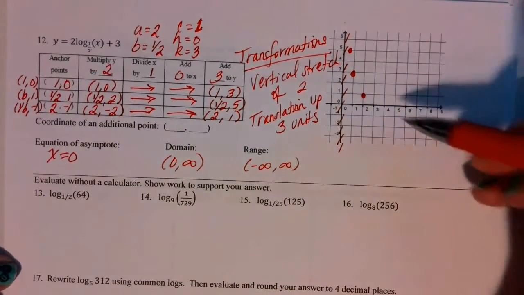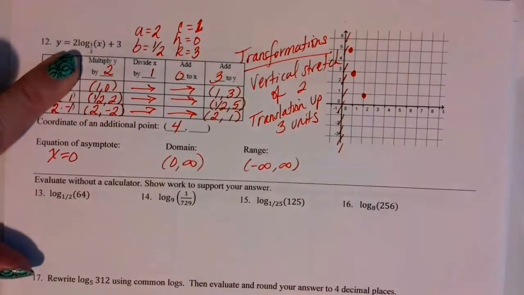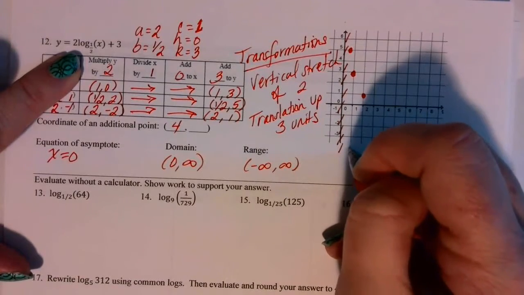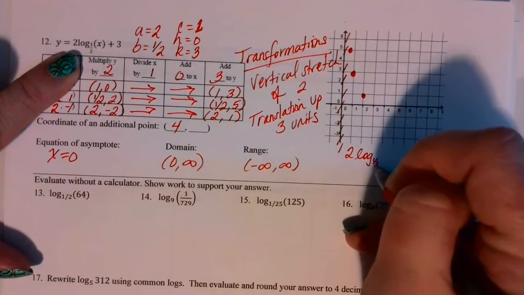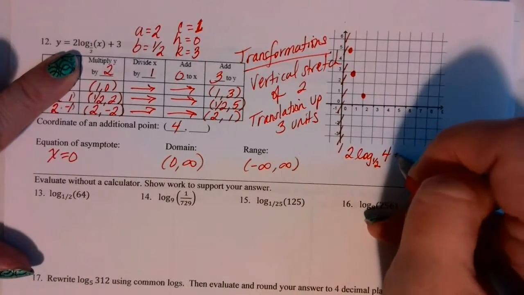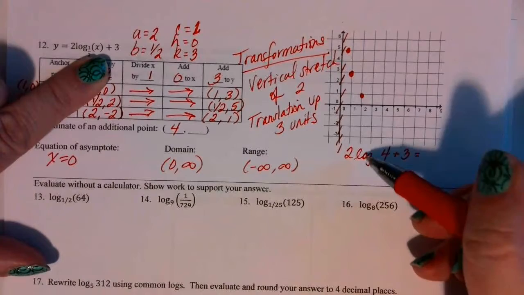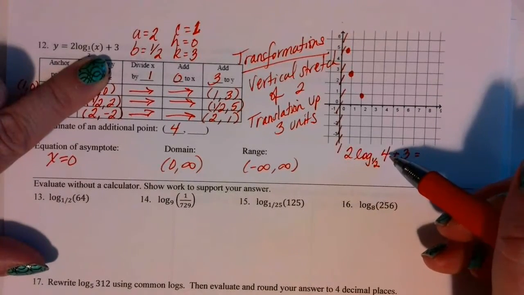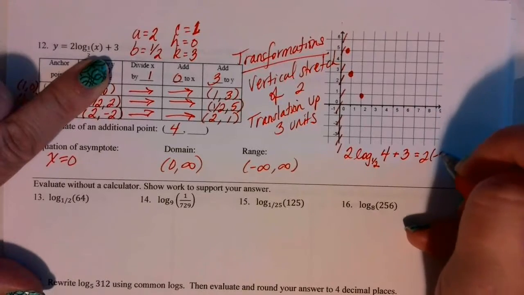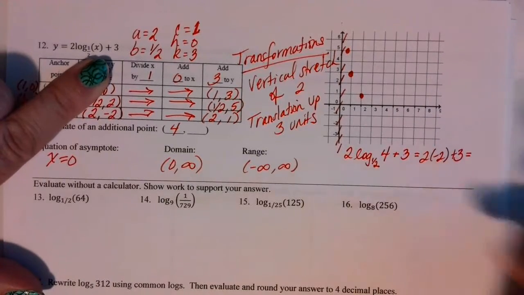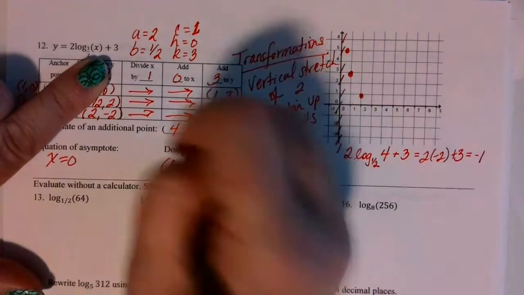And then if we were to put in a 4 for the x to find an additional guide point, that would be 2 log base 1/2 of 4 plus 3, and the log base 1/2 of 4 would be negative 2, and then negative 4 plus 3 is negative 1.